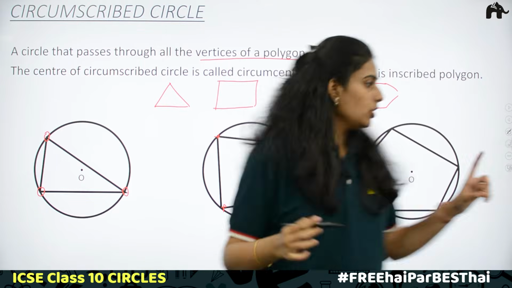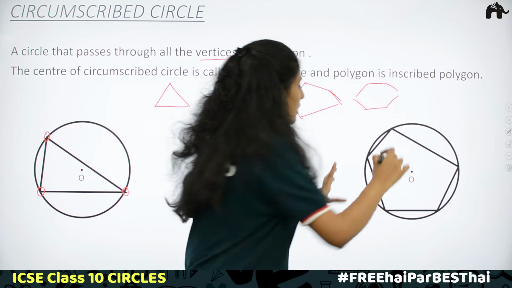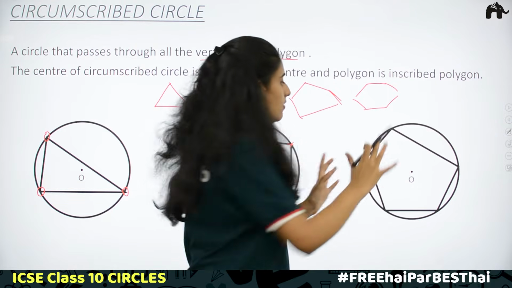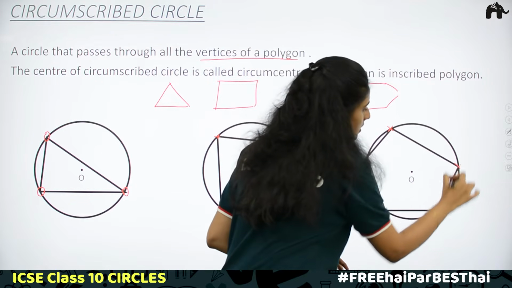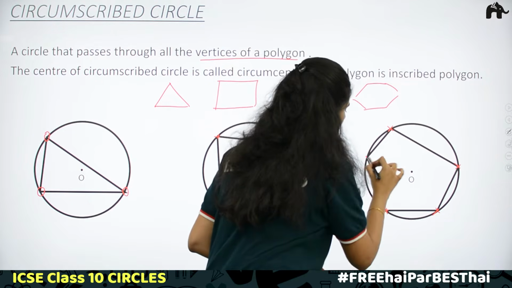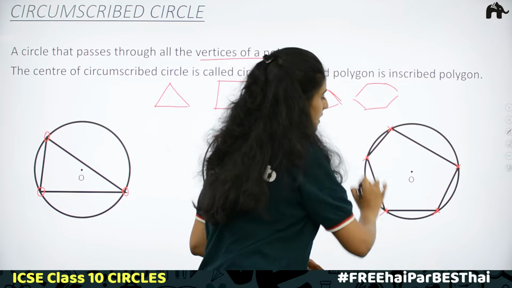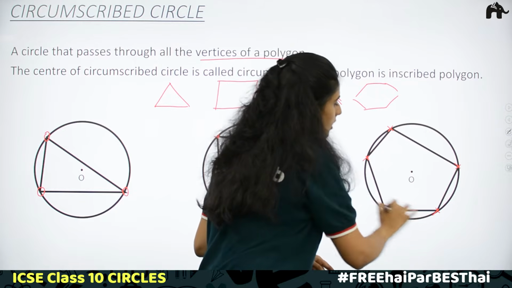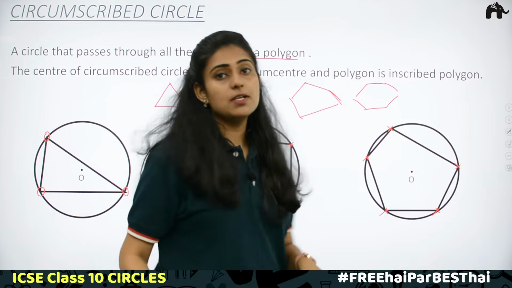Now, when you take a 5-sided polygon, it is not necessary that we are taking a pentagon. When you have a 5-sided polygon, and these are the corners or the vertices of the 5-sided polygon, these vertices are being touched by the circle. Yes, the circle touches all these vertices. So again here this is a circumscribed circle.